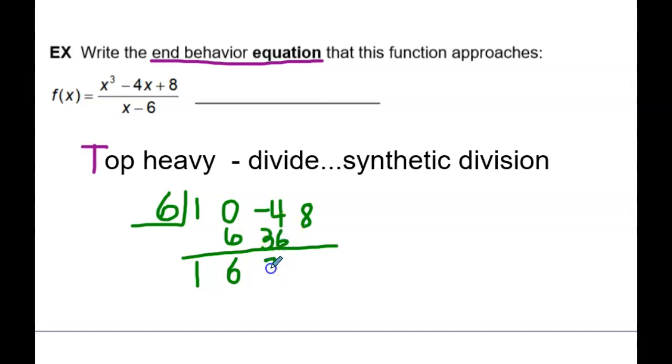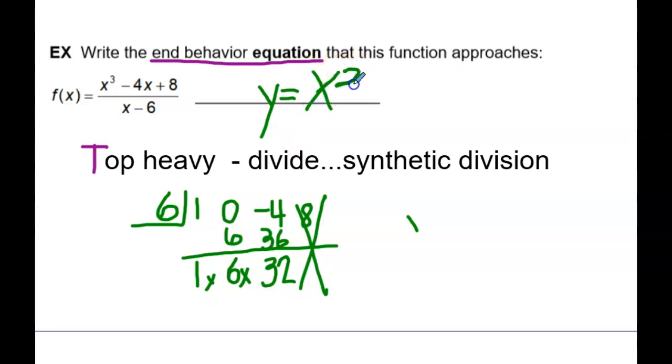Add, and we get 32. And the good news is that we get to throw out the remainder anyway, right? So I can stop. What is this equation then? Our end behavior equation is y equals, it's not an asymptote. What is it? Yeah, it's a parabola. x squared plus 6x plus 32.